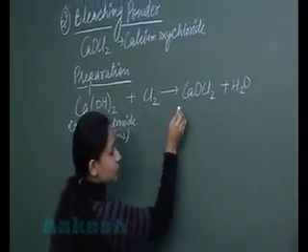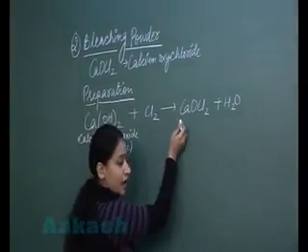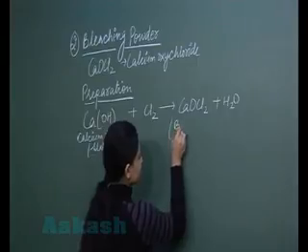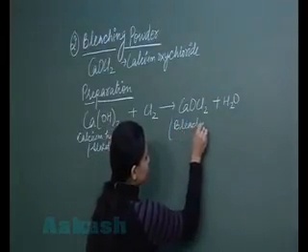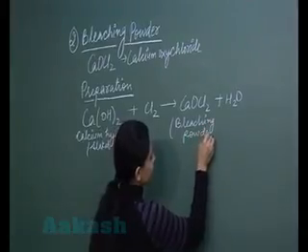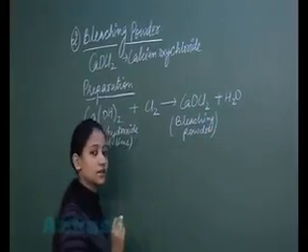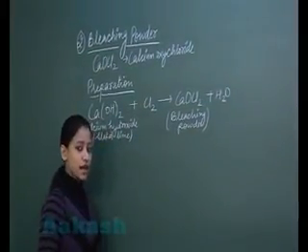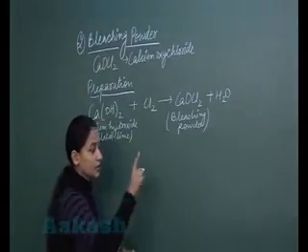So what is this? This is calcium oxychloride and it is commonly known as bleaching powder. That's how we get bleaching powder. I hope the preparation of bleaching powder is clear. So when chlorine gas reacts with slaked lime, we get bleaching powder.